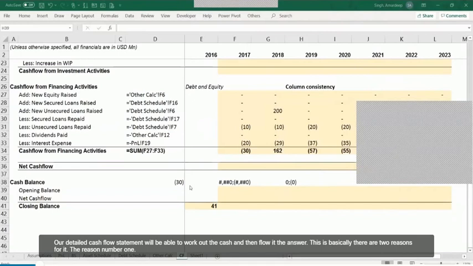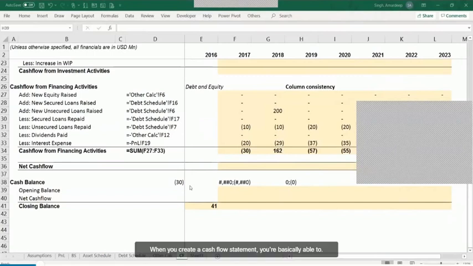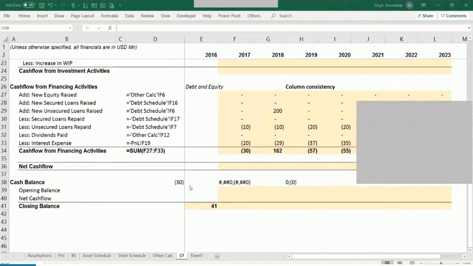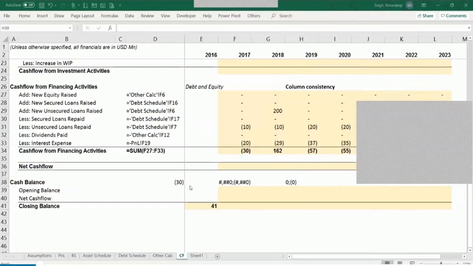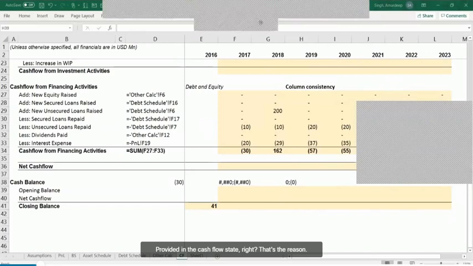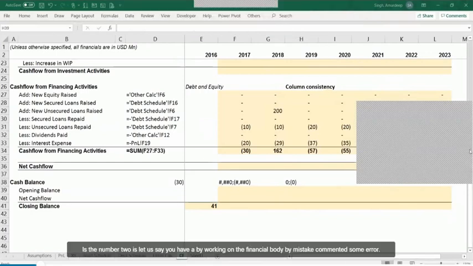Reason number one, when you create a cash flow statement, you're basically able to understand how you started with a net profit of, say, $5 million in this year and why your cash is some other number. So that kind of reconciliation is provided in the cash flow statement, right? That's reason number one. Reason number two is, let us say while working on the financial model, by mistake you committed some error.